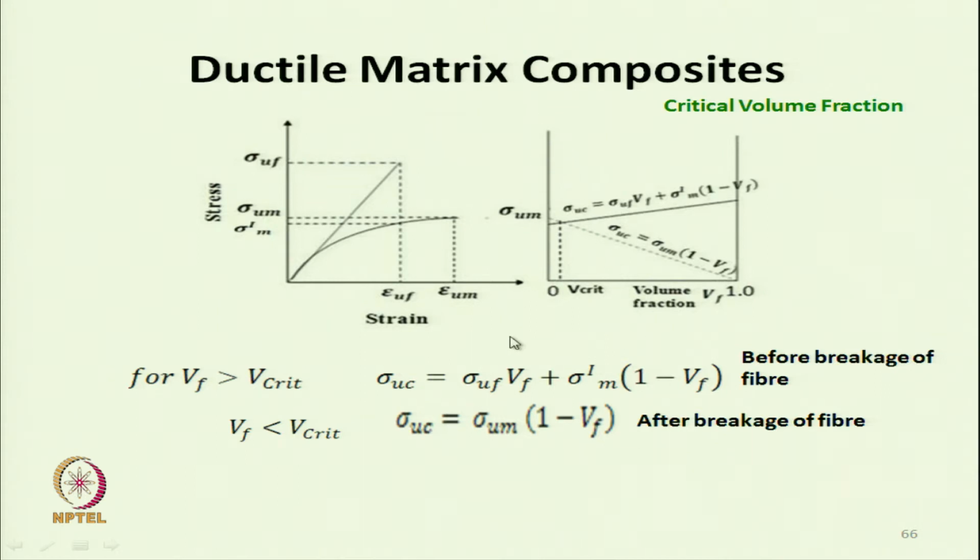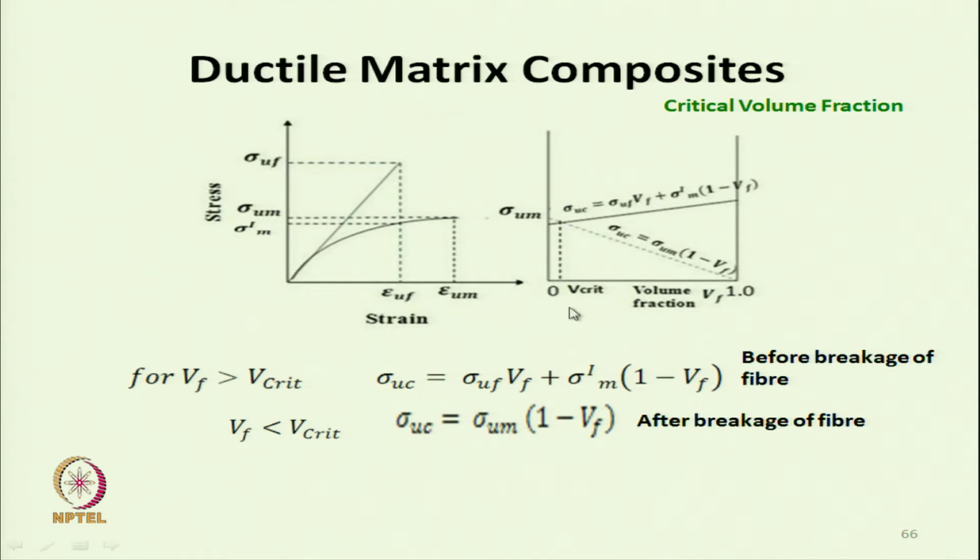The plot here is with volume fraction of fiber on the x axis. At the starting point the volume fraction of fiber is 0 and its maximum volume fraction of fiber is 1.